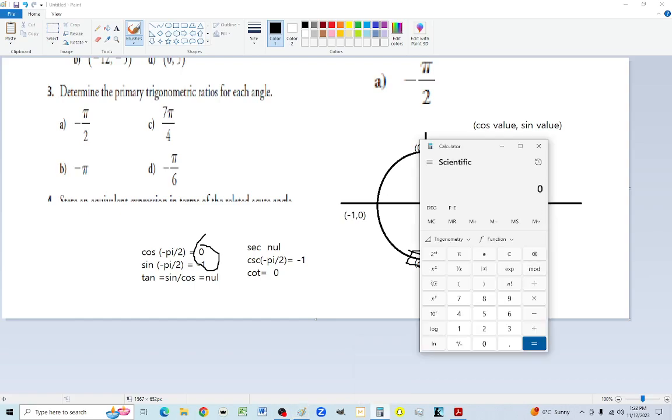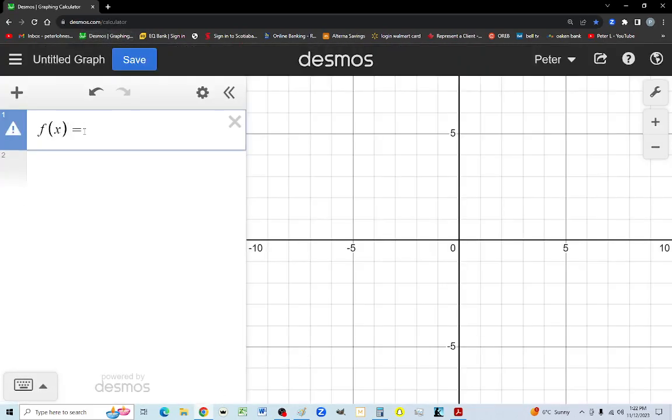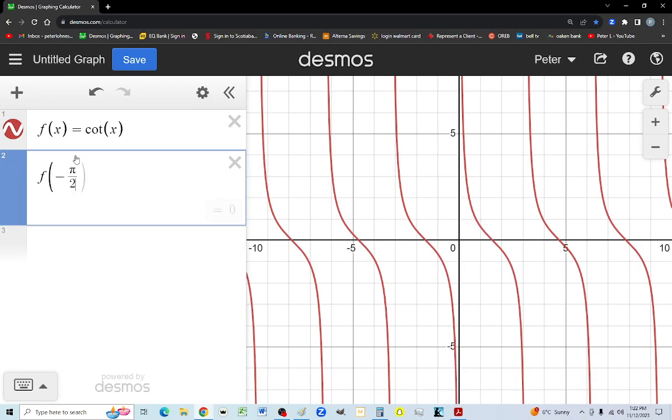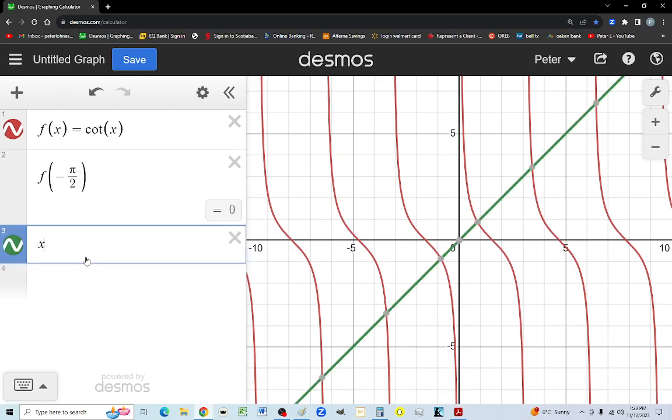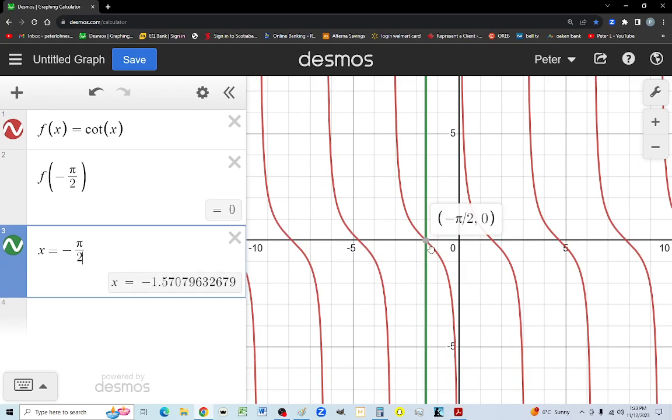Let's pull up a graph and try to understand why that is. It would be negative pi over 2. So let's find negative pi over 2. It's right there. Yeah, it should be 0.